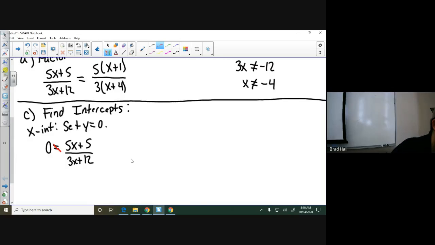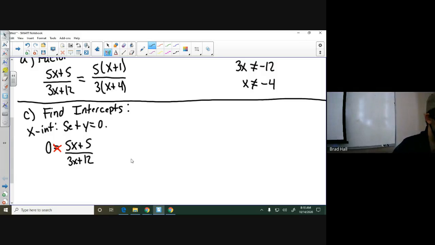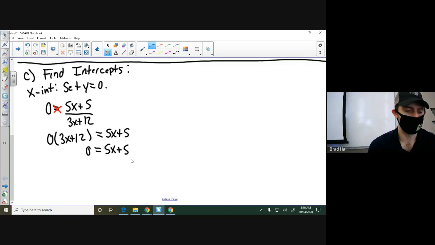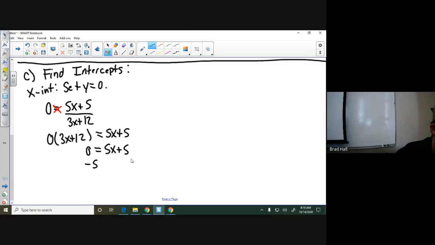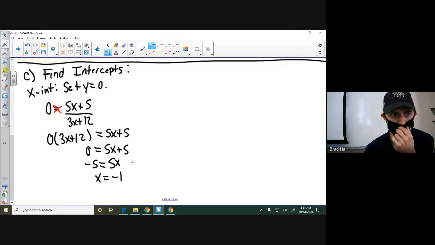So we can cross multiply, or equivalently multiply both sides by the least common denominator, which would give us 0 times 3x plus 12 is equal to 5x plus 5. But 0 times anything is 0, which is why this simplifies very nicely. And from here, we can solve for x pretty quickly. So if anything, we have an x-intercept of -1.